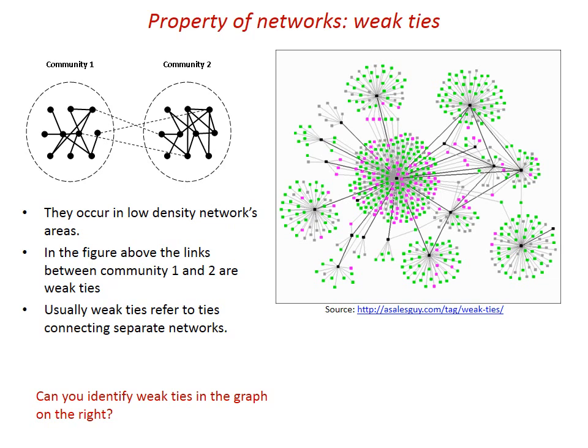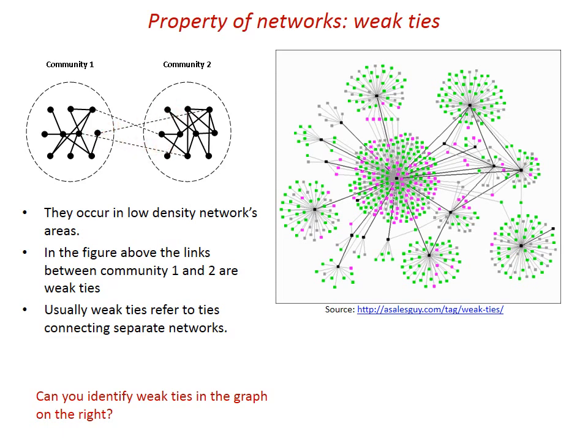Weak ties, if you look at the representation on the left hand side, in which we have a network, let's call it community 1, and a network, let's call it community 2, what we notice is that networks will be internally highly connected, density will be relatively high in both networks, but then there will be only a few links that bridge the two networks.